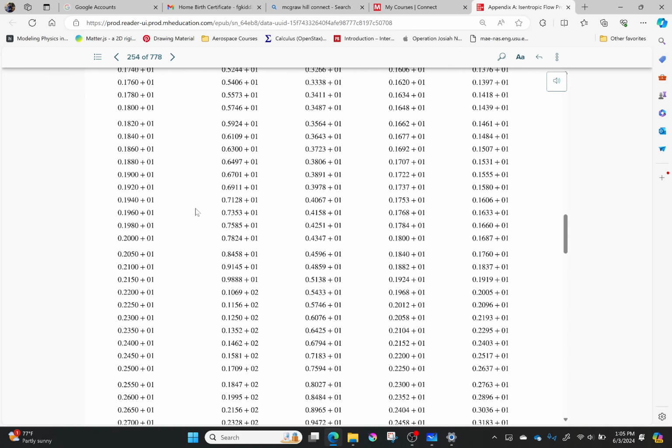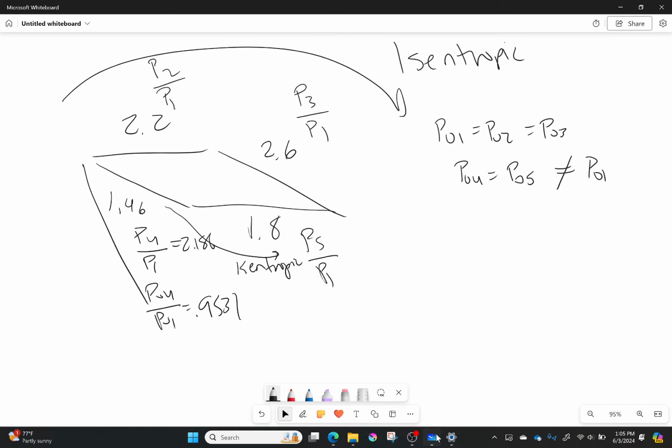So 2.2 way down here. Thank goodness they have it. And so that's going to be equal to 10.69. So P02 over P2 is 10.69. So let's write that down. P02 over P2 is equal to 10.69. Perfect.